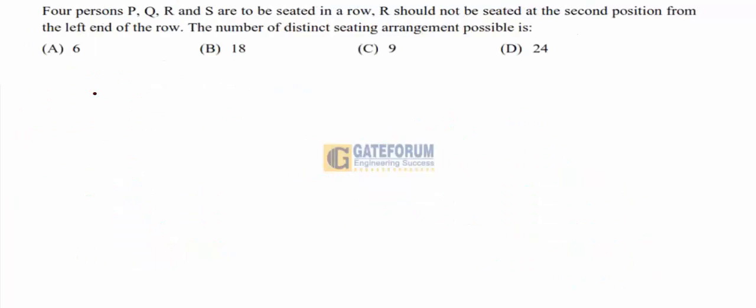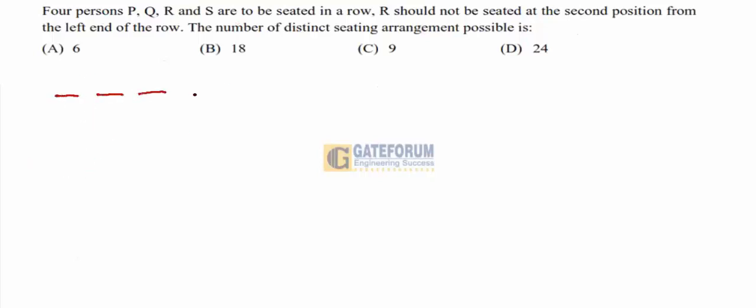4 persons P, Q, R, and S are to be seated in a row. R should be seated at the second position from the left end of the row. The number of distinct seating arrangements possible is how much? Let us check.